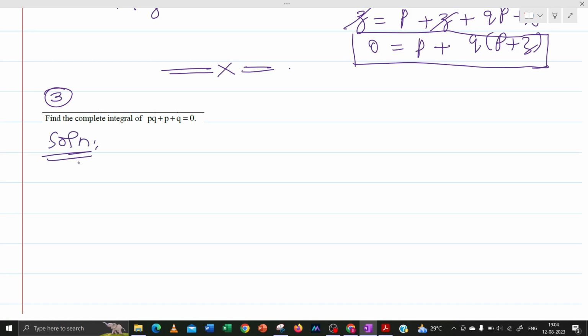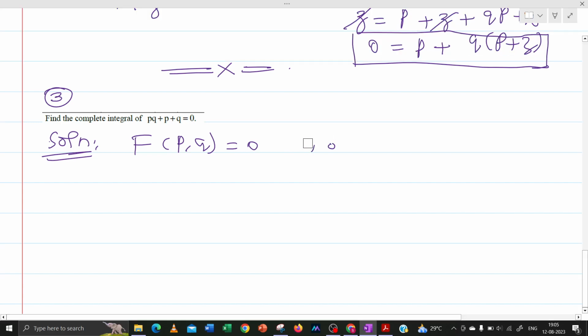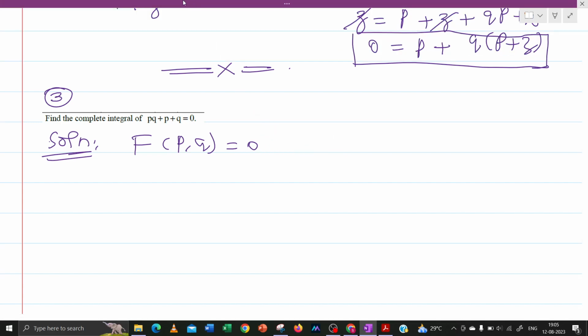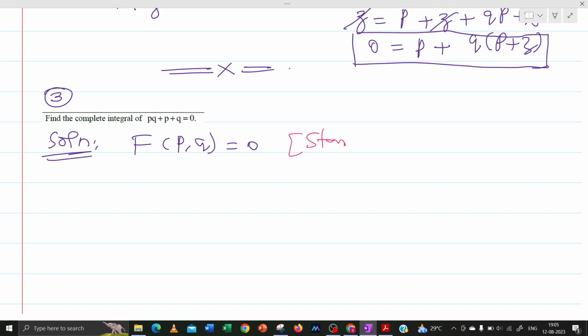See the equation. The equation contains only p and q. So it is in the format of F of p comma q equal to 0. It is a standard type 1.